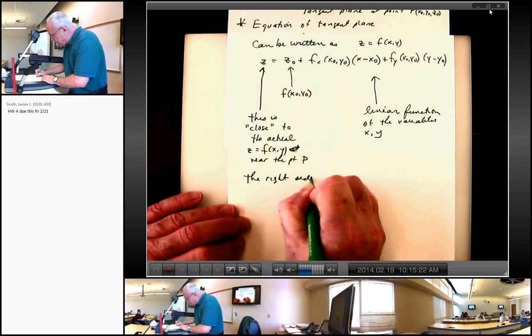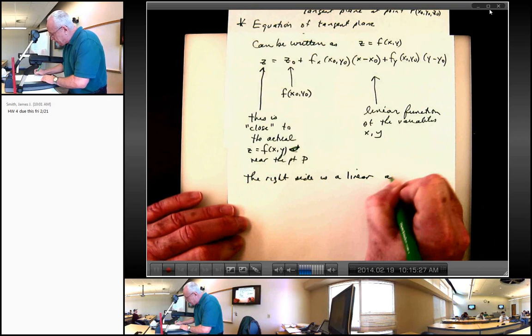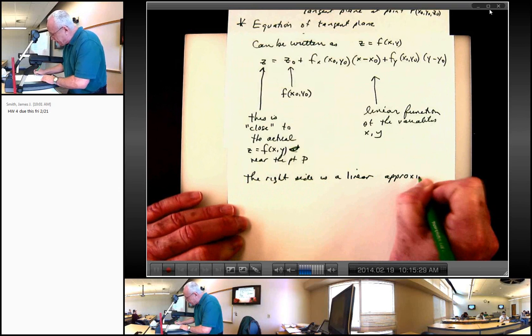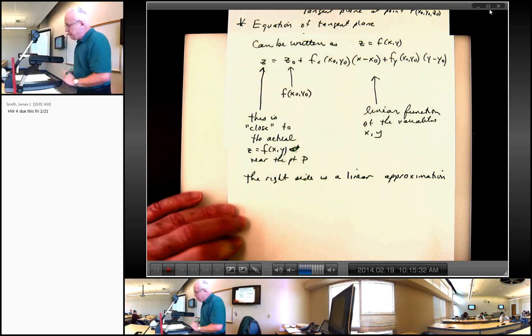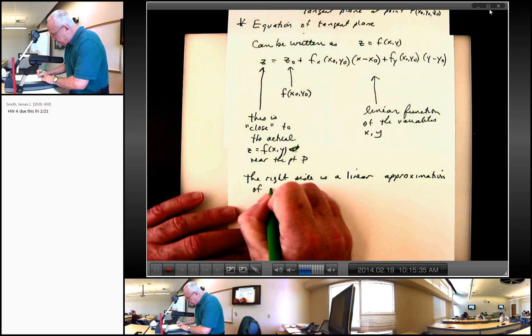Again, it's an approximation. It won't give us the exact surface value, but it's a linear approximation of our surface.